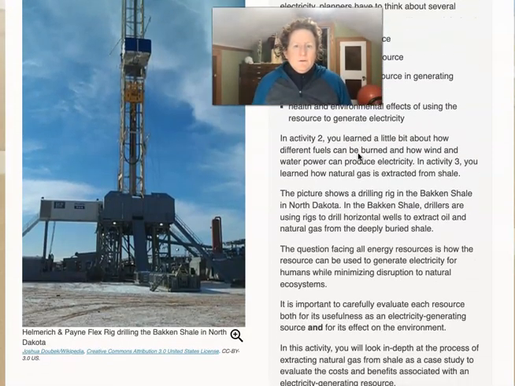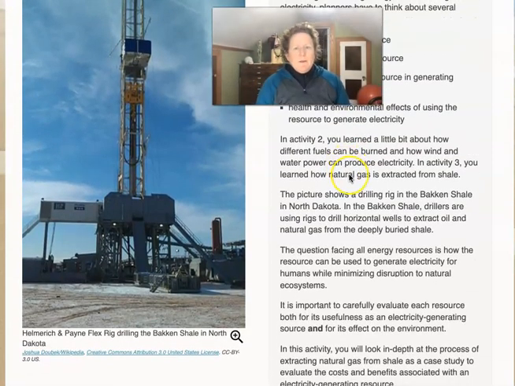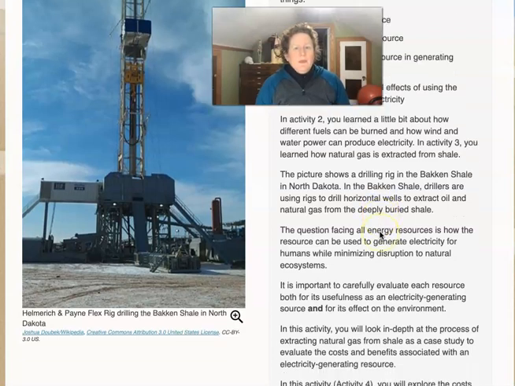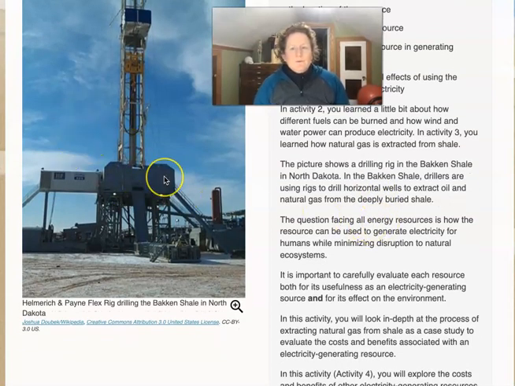In activity 2, you learned a little bit about how different fuels can be burned and how wind and water power can produce electricity. In activity 3, we learned how natural gas is extracted from shale. The picture over here shows drilling in the Bakken Shale in North Dakota, which we know is not too far from Minnesota.